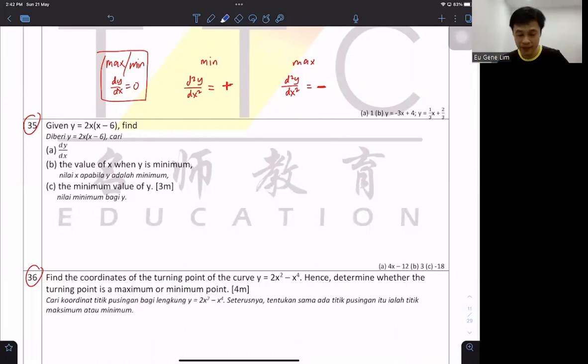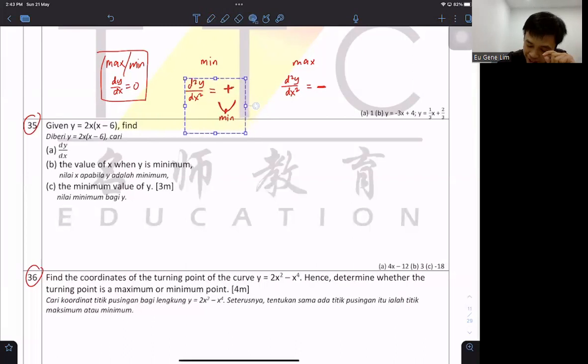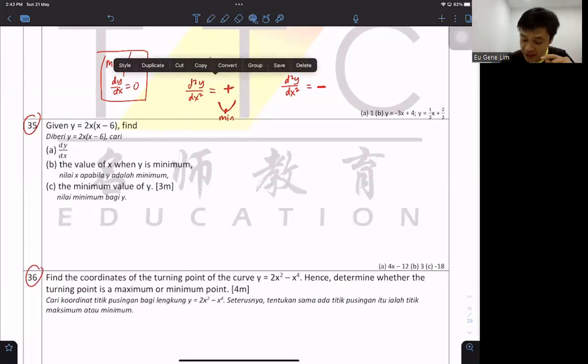You just have to remember like this. Positive meaning smiley face, positive means very happy. Smiley face, the point at the bottom, so minimum. So d square y dx square positive means it is minimum.